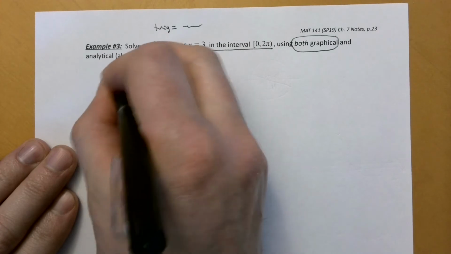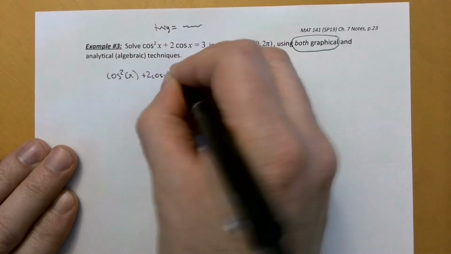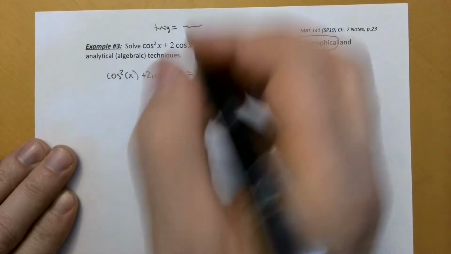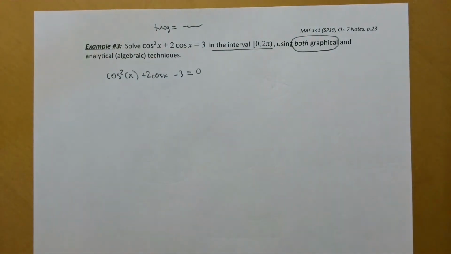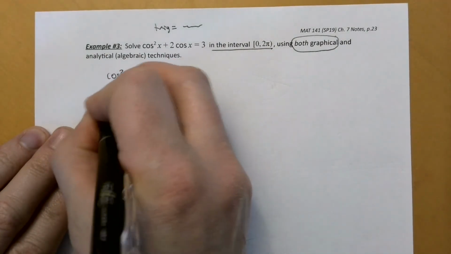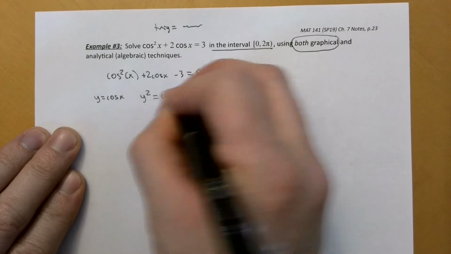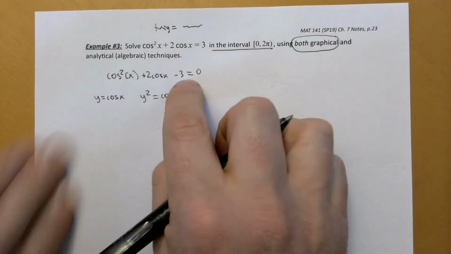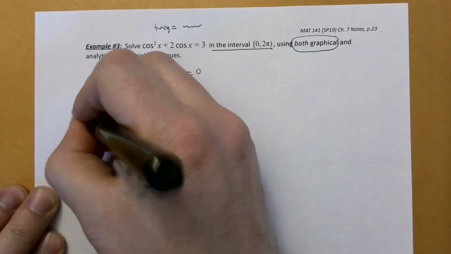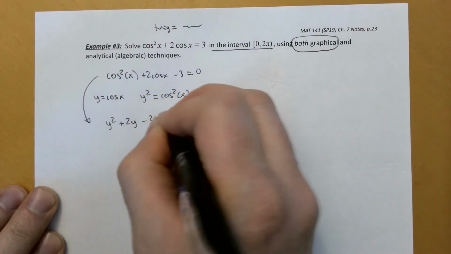So I'm going to subtract 3 from both sides, and I'm going to note that this equation is in quadratic form. In other words, if I let y equal cosine of x, then y squared would be cosine squared x, and I could rewrite this equation using those values as y squared plus 2y minus 3 equals 0.